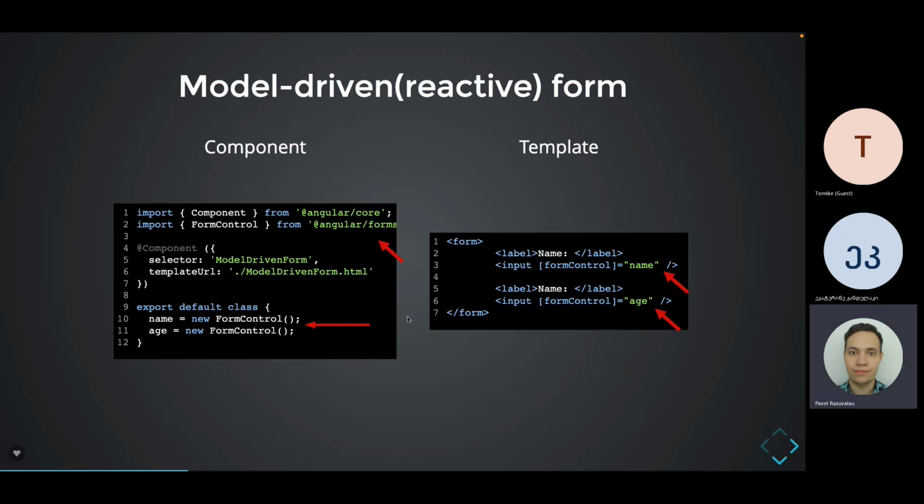But just for now, let's say that we need to do the following, and during our live coding, we'll try to print everything to the console to see which properties the form control or form group will hold. Okay, so pretty simple for now.